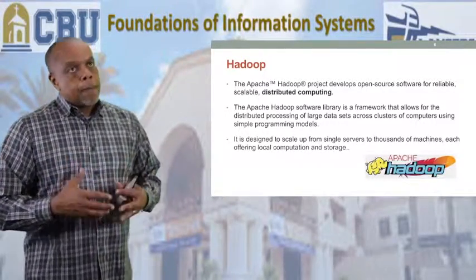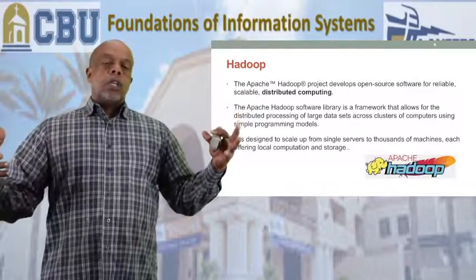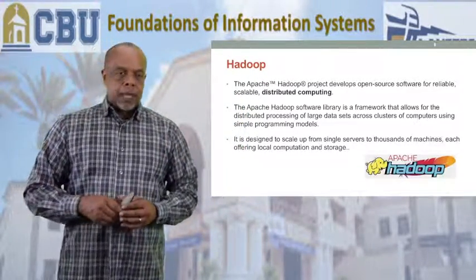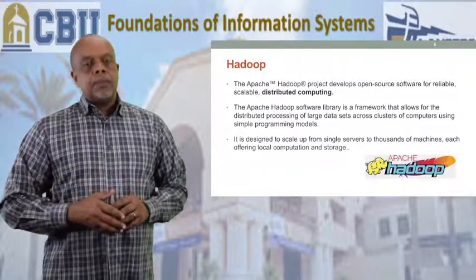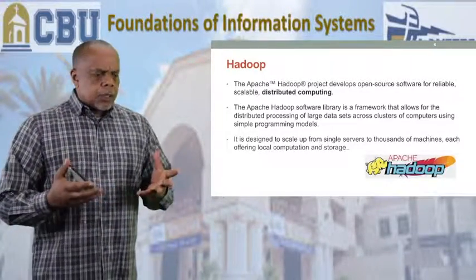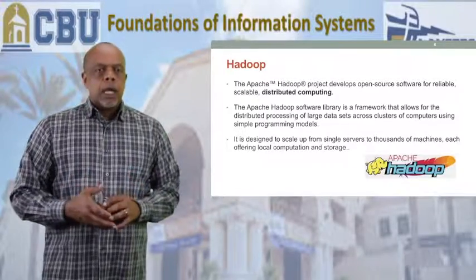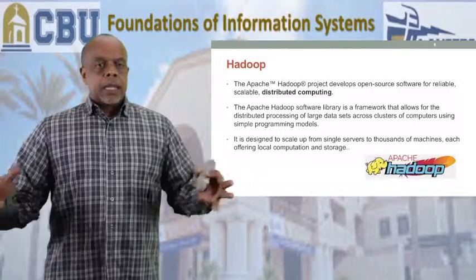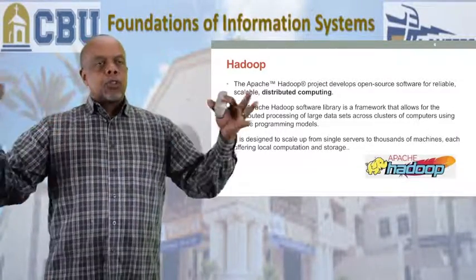So now I don't have to buy one huge Cray computer, or the one that IBM built. I don't have to have this giant supercomputer. Now I can use small, low-cost machines that I can parallel process and do distributed computing.